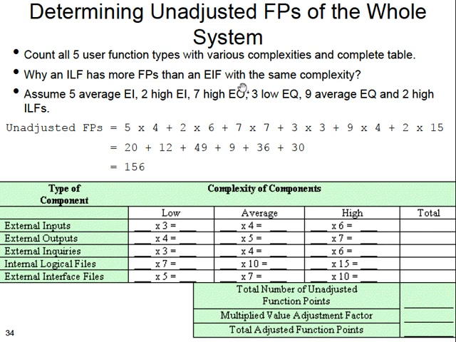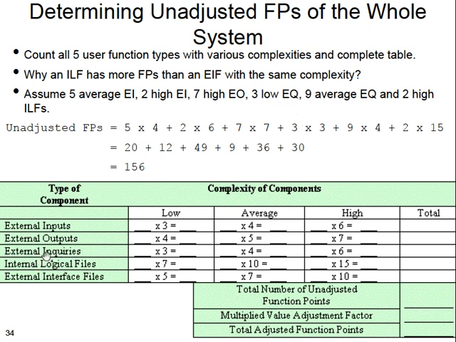So this is a sample calculation. We assume that our system has 5 average complexity external inquiries, 2 high complexity external inquiries, 7 high complexity external outputs, and 3 low external inquiries.